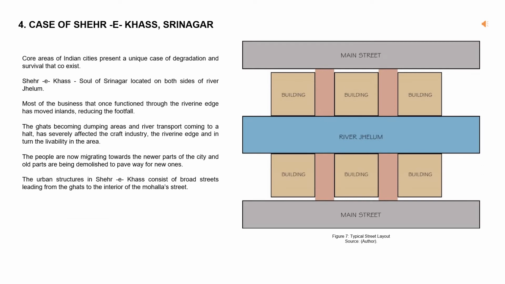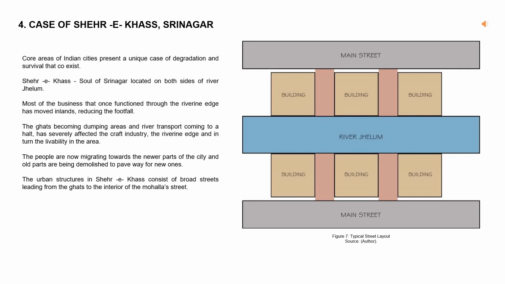Now, if we take up the case of SHEHRE KHAS Srinagar, the downtown area is considered to be the hub of most crafts of the region, and it is considered the largest and most densely populated area of the city.